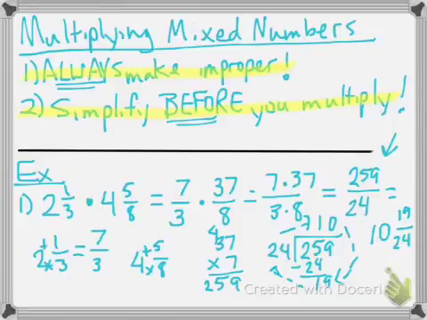Well, let's see if I can make 10 and 19 over 24 back into 259 over 24. Well, I know that 10 times 24 is 240. 240 plus 19 is 259 over 24, and sure enough, I'm good to go. So my final product is 10 and 19 over 24.